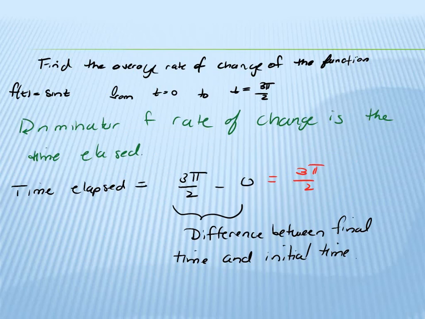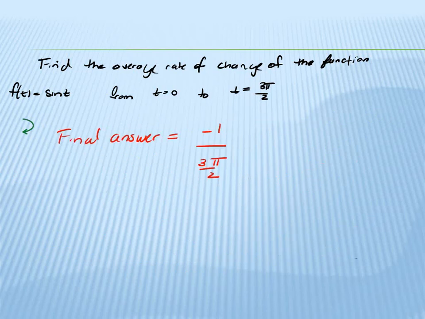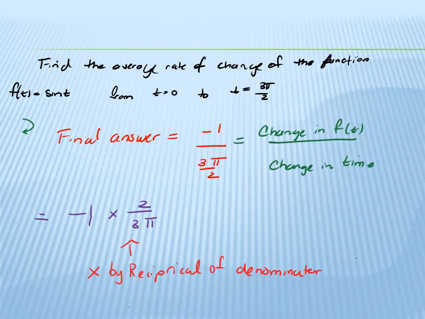And I think in class, I had shown you that the numerator was minus 1. Because if I take 3 pi over 2 and plug it into the sine function, I'm going to get negative 1. And if I put 0 in the sine function, I'm going to get 0.